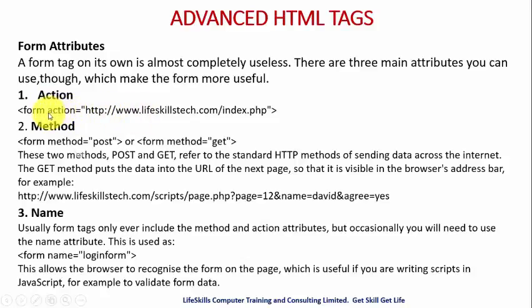In the action attribute, you tell where the form is going to. Every data supplied by the site visitor or your users will be taken to the address specified in this action. For example, look at this address, http://www.livesecurtech.com/index.php. When the user submits that form, the person will be taken to this page.